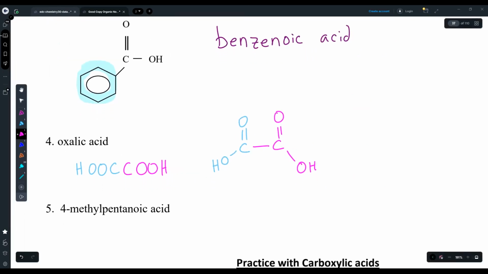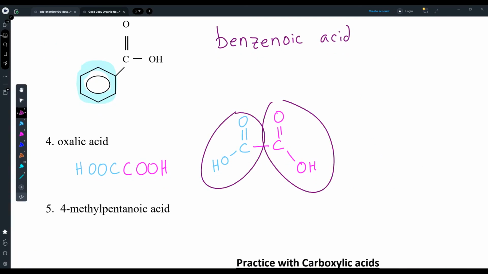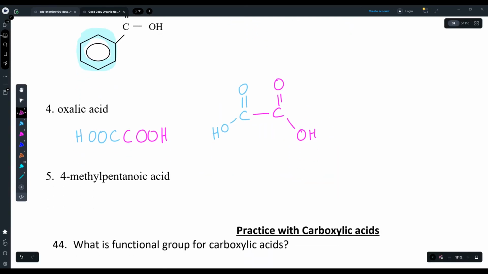As you can see, there's 2 carboxylic acids that make up oxalic acid.